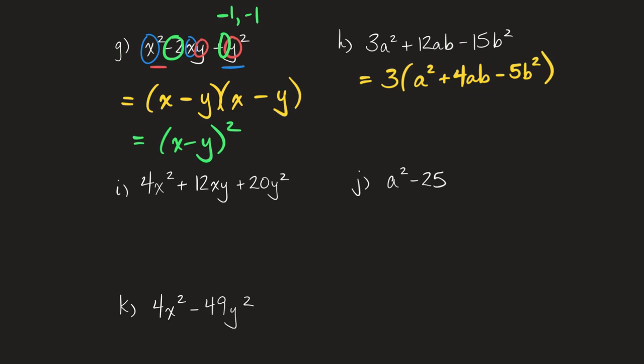Now I look inside my brackets, and I have a simple trinomial again. Squared something, single something, none of them, and then the opposite in the other direction. So I am looking for two numbers that multiply to give -5 and add to give 4. Well, hopefully we're good on a +5 and a -1.